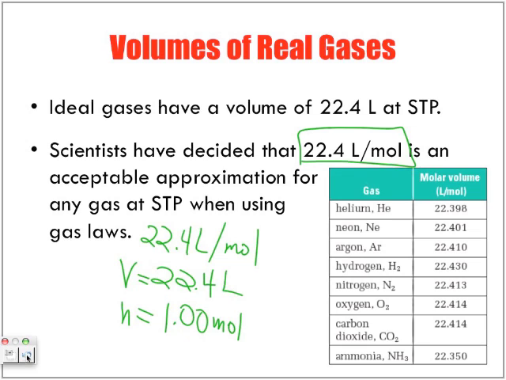Because if I did this calculation without that, then technically I would be rounding my answer to 1 significant digit, and we don't want that. We want to keep the 3 significant digits. So that's why we include the 0.00.